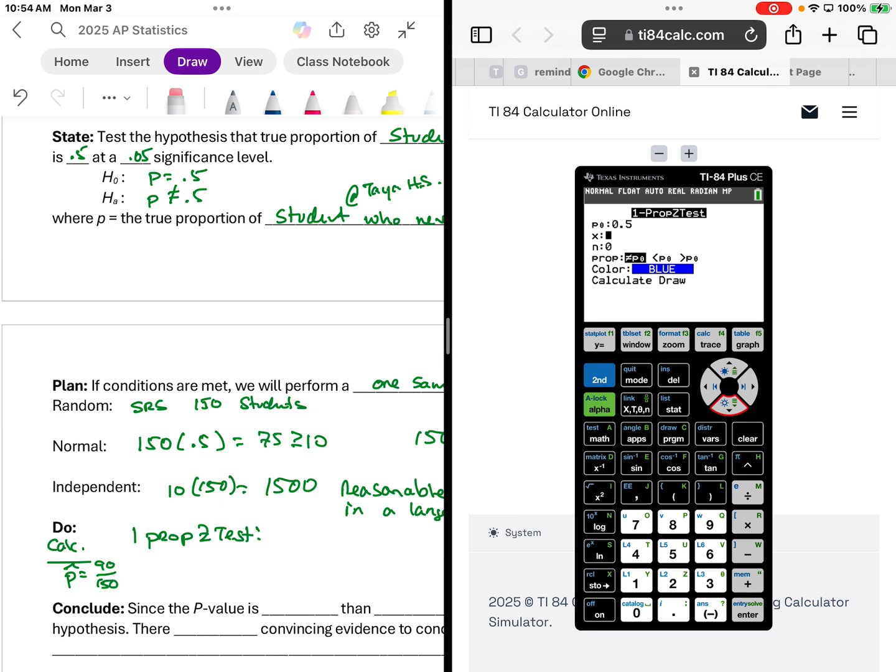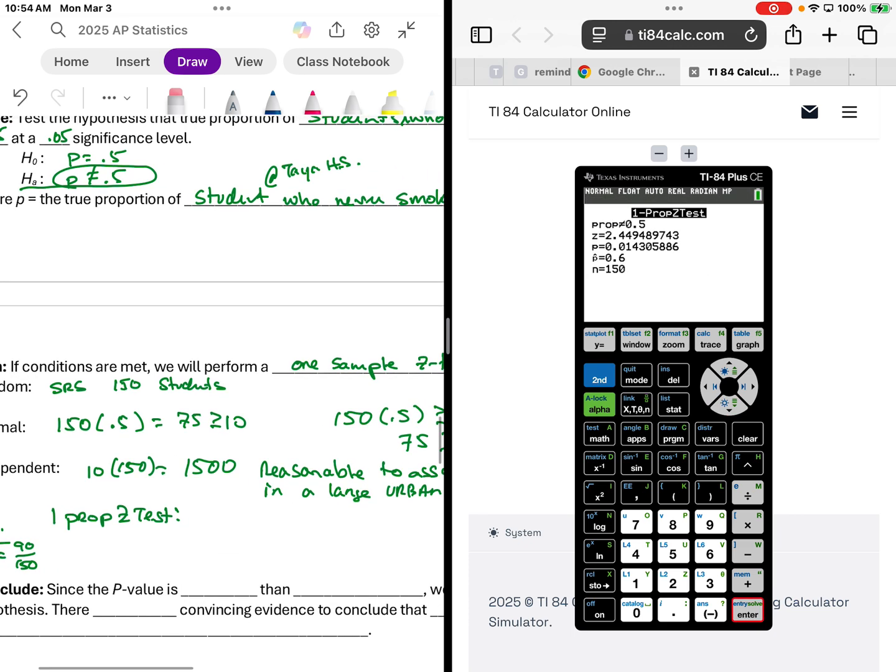That means my x is 90, my n is 150, and now we have to pick which one of those proportions I'm dealing with. Am I not equal to the null hypothesis? Yes, we're saying in our alternative hypothesis, we use the not equal to symbol. So we want to use that symbol. And then we're going to go down to calculate and hit enter.